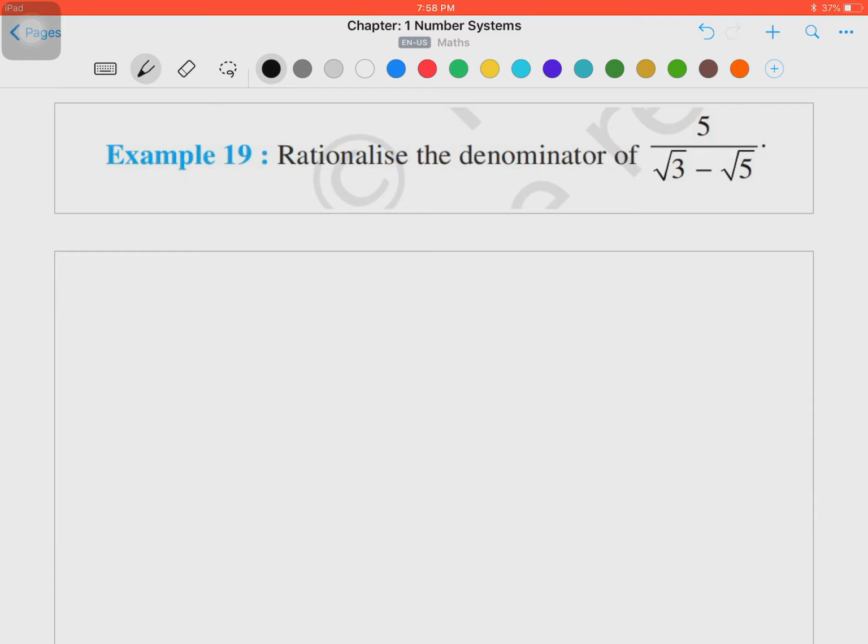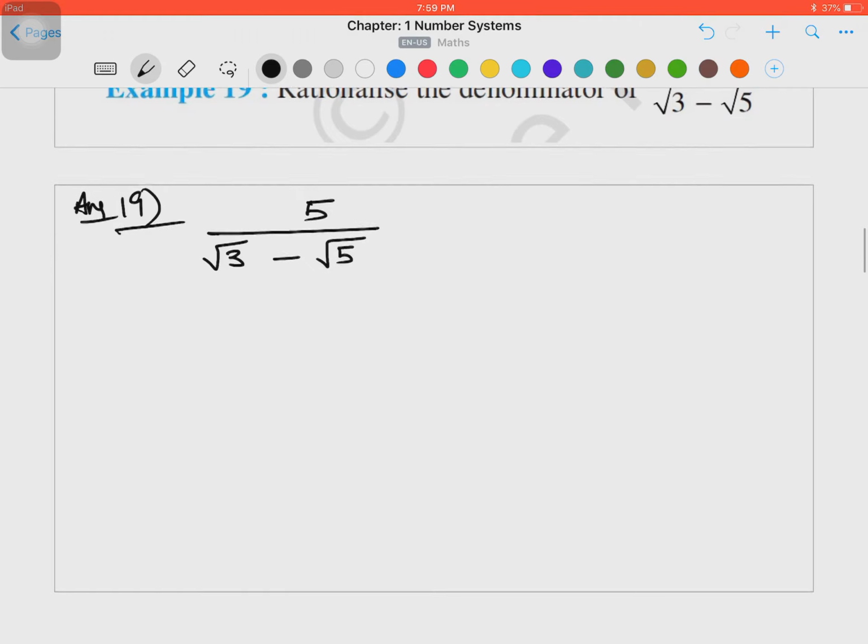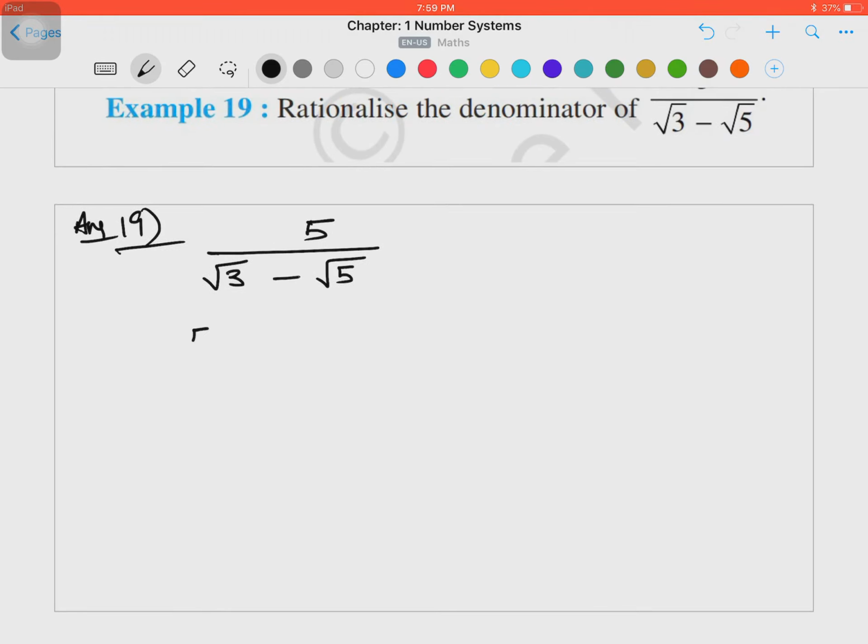Okay, moving ahead, let's see the next example, which is example number 19. Now the number is 5 divided by root 3 minus root 5. So as I told, in order to rationalize this number, we'll take the original number 5 divided by root 3 minus root 5, and we have to multiply this given number by the denominator.